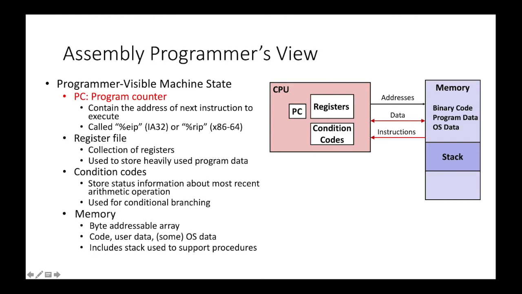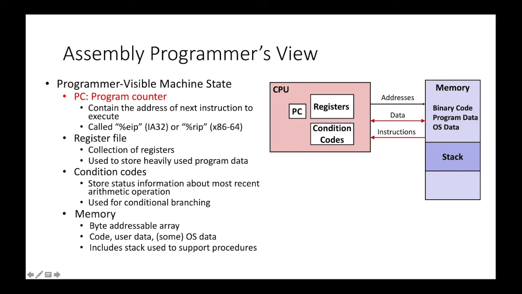The programmer-visible machine state includes the program counter, PC, that holds the address of the next instruction to execute, whose name is EIP on 32-bit x86 or RIP on 64-bit x86. And the register file, which is a collection of registers.